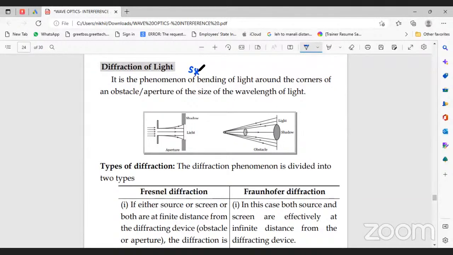You know that the source of light is going to send light rays in a straight direction.